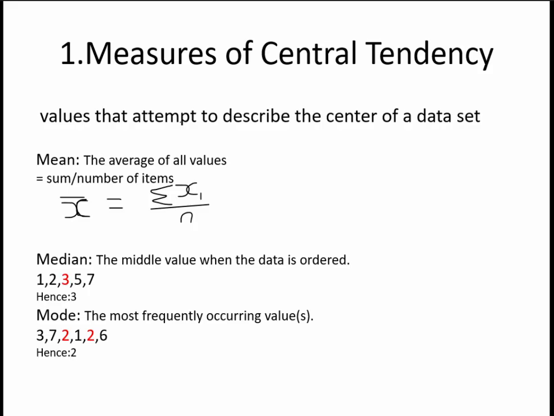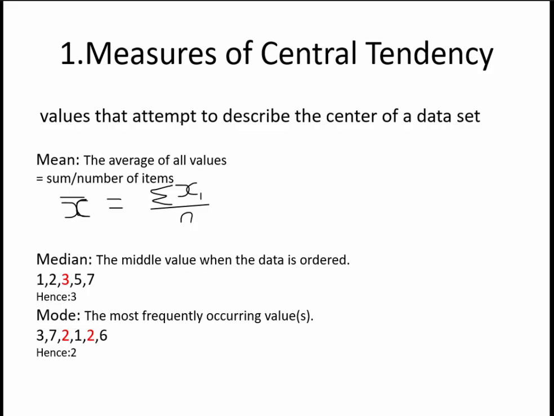For example, if I gave you a data set, let's use the example under median, I have that list of figures, 1, 2, 3, 5, 7. So mean is just the average of those figures. I get the summation of those figures and I divide by the number of my data set. So that gives me the mean.